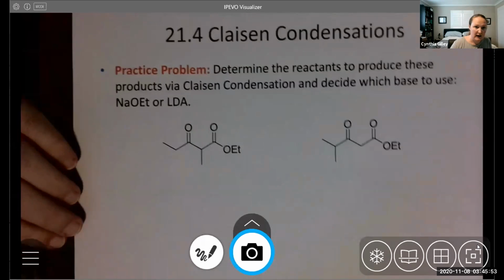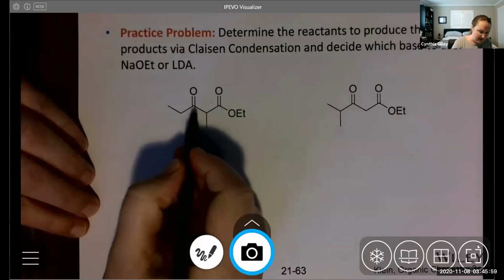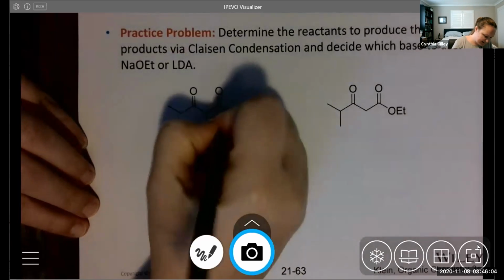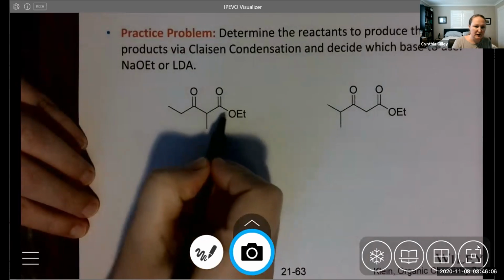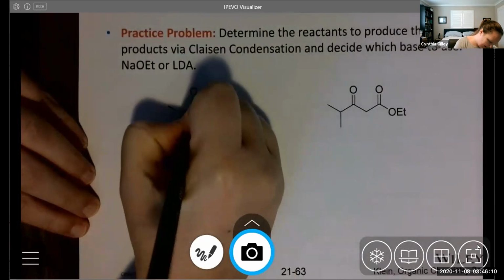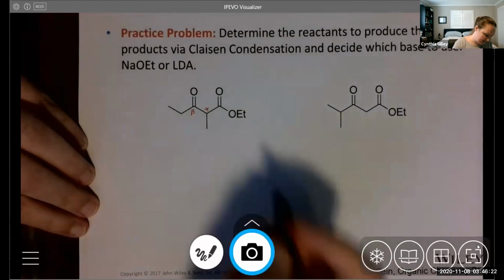Right, so I mentioned one reasonable way to think about this is to think about where the beta keto ester is. Right, so if this is the ester, then this would be the alpha carbon and the beta carbon. And it's important to note that the new carbon-carbon bond that's formed in the Claisen condensation is the carbon-carbon bond between the alpha and beta carbon in the product.